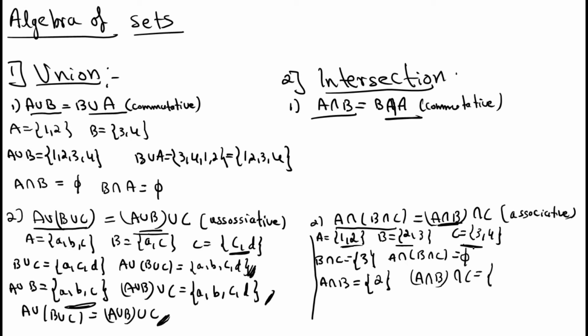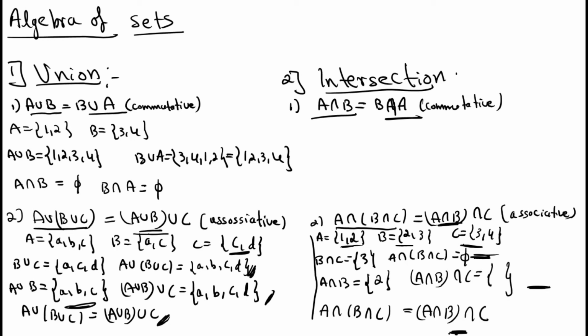What's the common element? No common element means it is equal to the empty set. By this, here also empty set, here also empty set. By this you can say that A intersection (B intersection C) is equal to (A intersection B) intersection C. We call it the associative property of union and intersections.